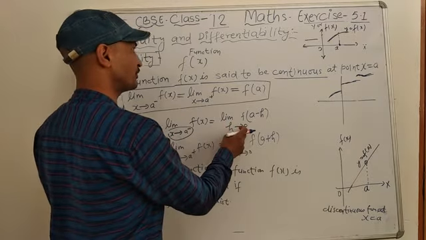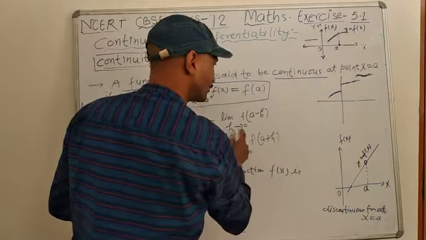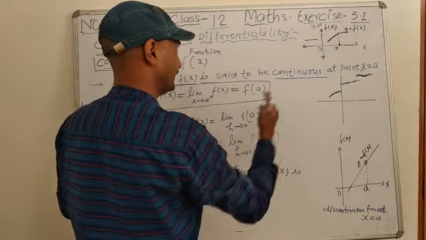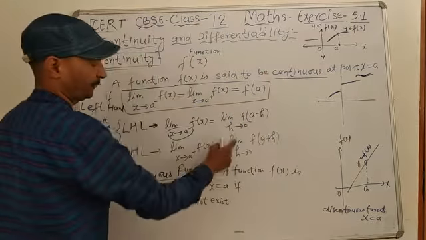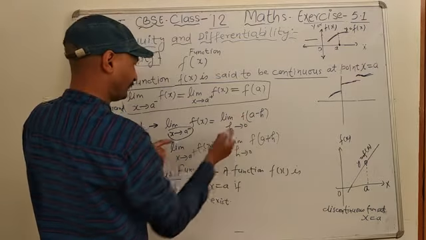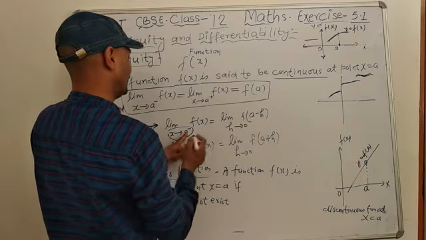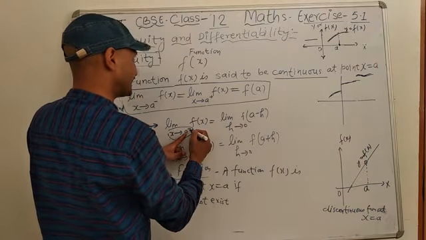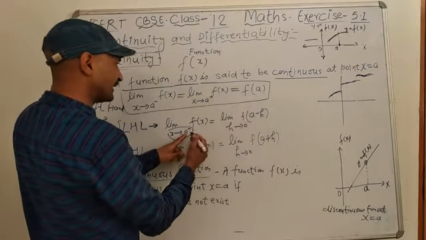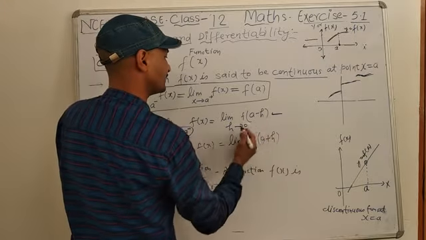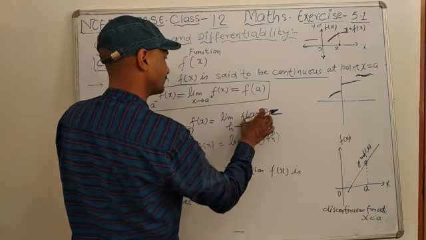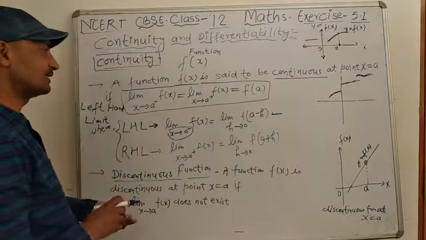Now see, h tends to 0 because it only approaches 0, not equal to 0. And f(x) becomes f(a minus h), since on the left side it is a minus h. So this is the left hand limit.